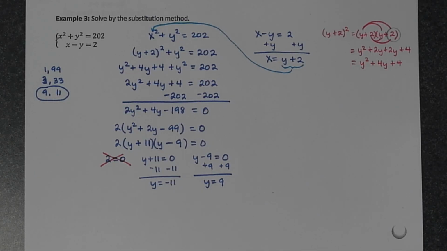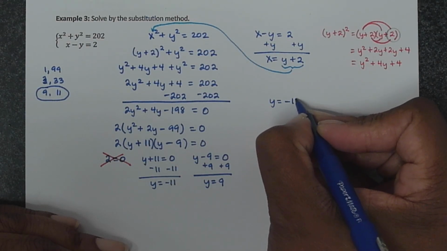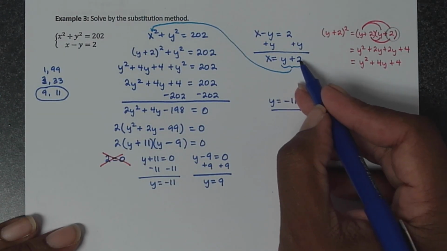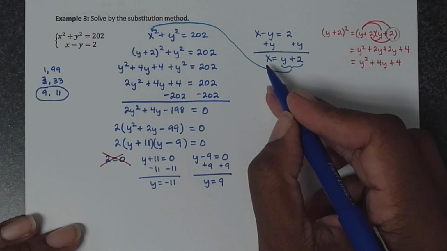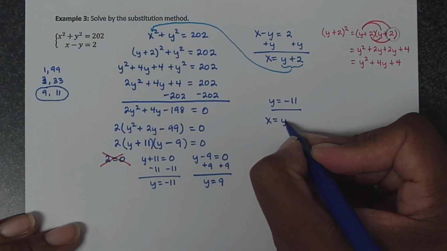And for each y value, I will find out what x is. So let's start off with y equal to -11. Well, notice I got x is equal to y plus 2. Let's use that to find out what each x value will be. So let me bring down x is equal to y plus 2.